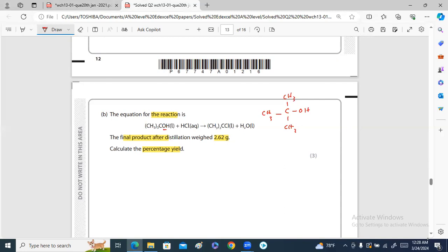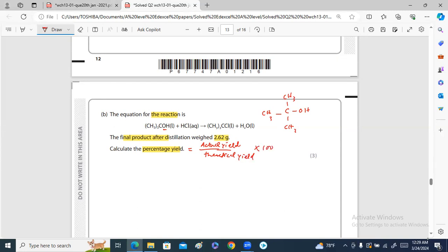To get the percentage yield, the formula is actual yield over theoretical yield times 100.